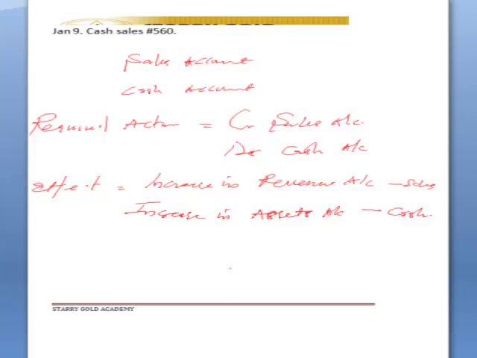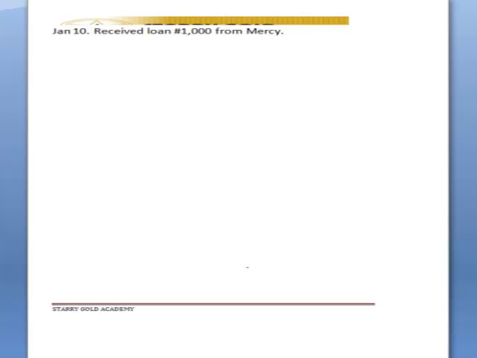Okay, so received loan 1,000 naira from Mercy. Now look at it. It was not stated either by cash or by check. Whenever it is like this and the examiner is silent, we always take cash. Take note of that. So this is cash account and Mercy.